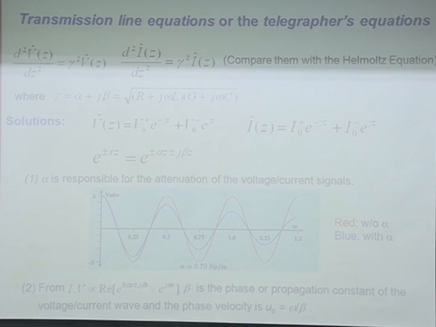And in this expression, beta is called a phase constant or propagation constant of the voltage or current, and alpha is called the attenuation constant, okay, or loss constant sometimes. 了解吗？Okay, so be careful that for this transmission line equation, it describes the voltage and the current, and this gamma, it could be a complex number, all right?